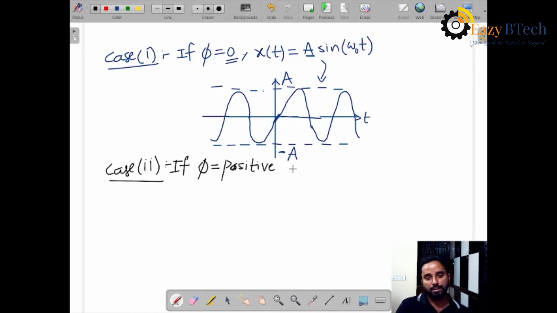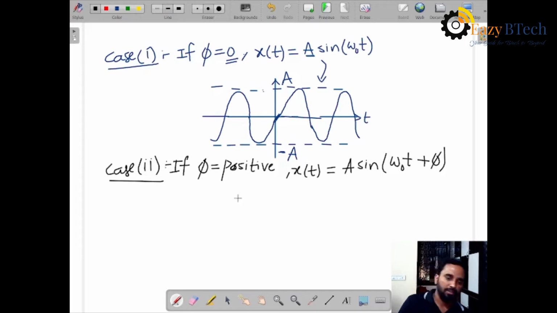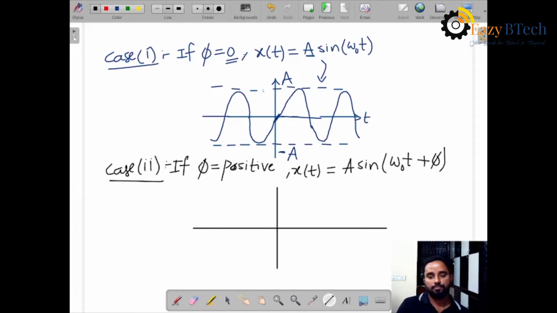Now first I will write the mathematical function of the sinusoidal signal. X of t will become A sine omega naught t plus phi, positive phase, that is why plus phi. So the peak amplitude is A only, means positive peak is A, negative peak is minus A. First I am taking peak amplitude lines.